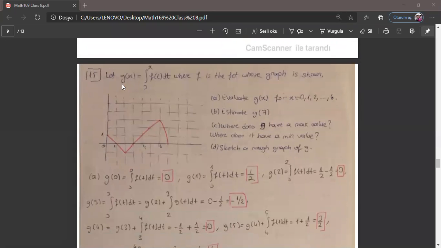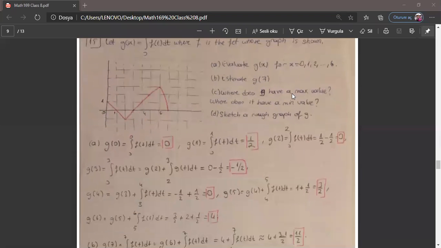Okay, now we're given this function g as an integral. So g of x is defined by this integral from 0 to x. Okay, and the graph of f is this. Now we evaluate g for these variables.